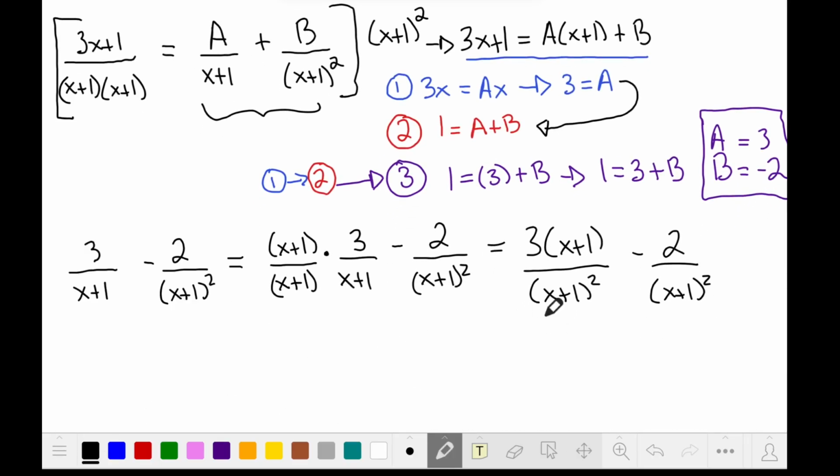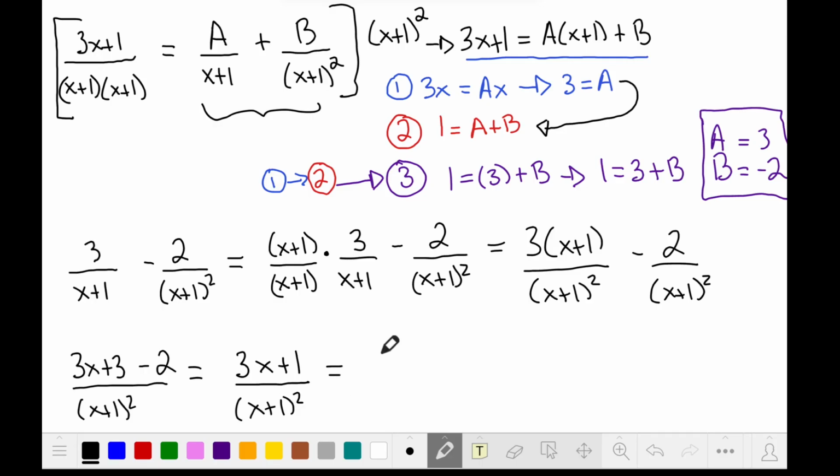So what are we doing now? Well, now we actually combine these two fractions. So I've got 3 times x plus 1, so in other words, 3x plus 3, because it's 3x, and then the 3 multiplies the 1, minus 2 from this guy, and the whole thing, because the bottoms match, is x plus 1 squared. 3x plus 3 minus 2, well, that's just 3x plus 1, and we divide by x plus 1 squared, which is 3x plus 1 divided by x plus 1 times x plus 1.